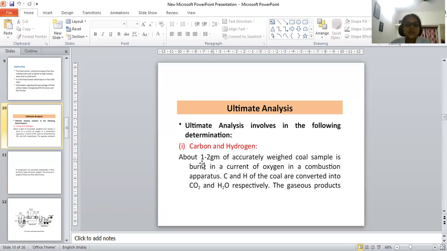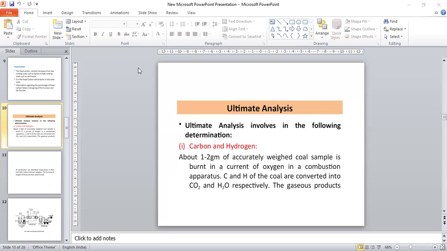See here, we have to take 1 or 2 grams of accurately weighed coal sample, which is burned in a current of oxygen in a combustion apparatus. To analyze this coal, we can choose the combustion apparatus.